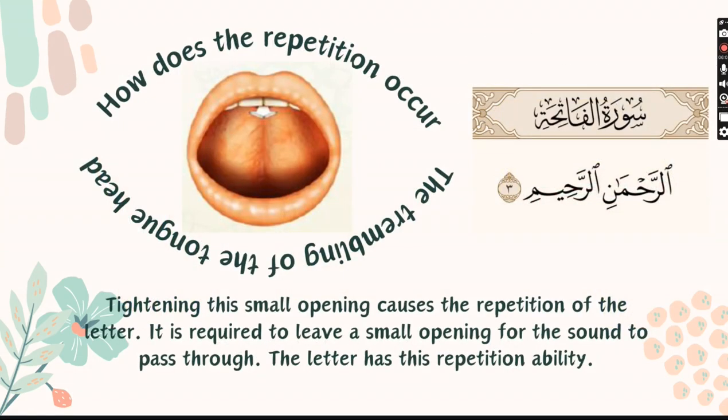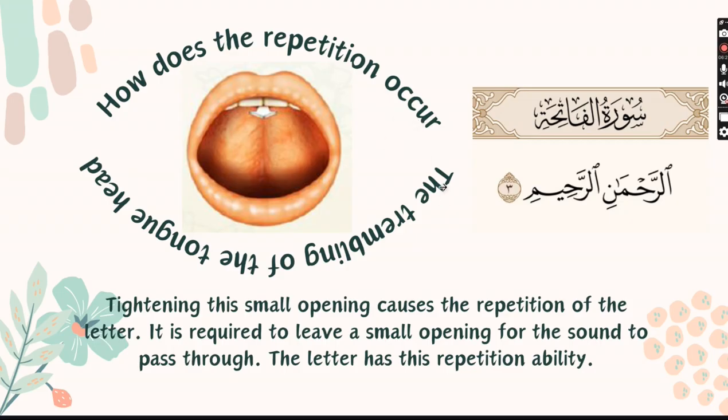How does the repetition occur? Now, in the letter Ra, there is one of the characteristics, just in the letter Ra, not in any other letter, which is called repetition. What happens? How does the repetition occur?